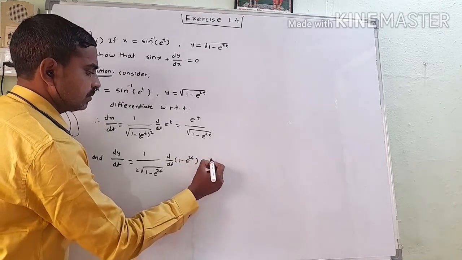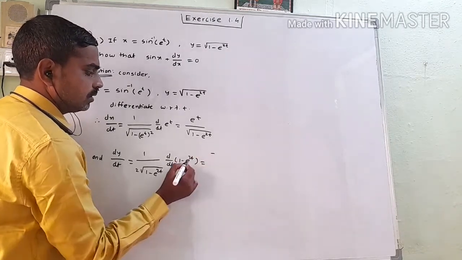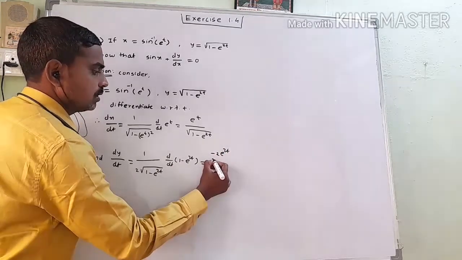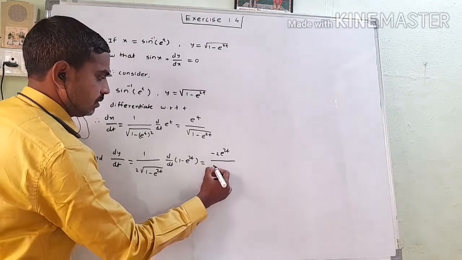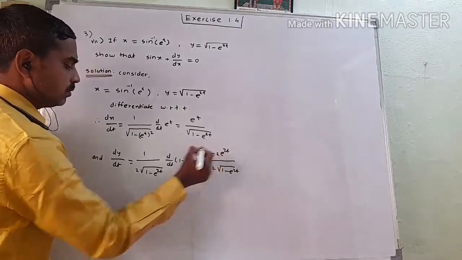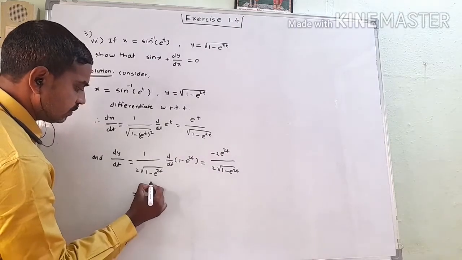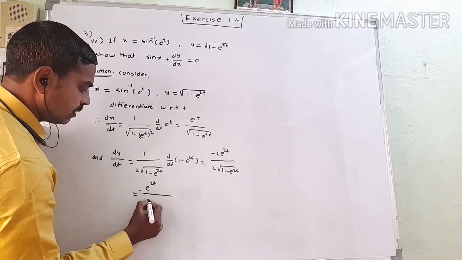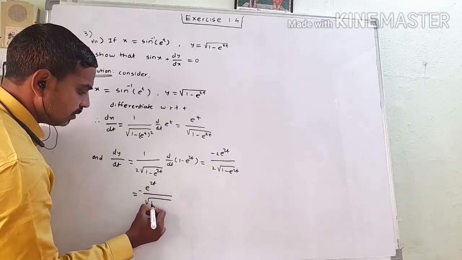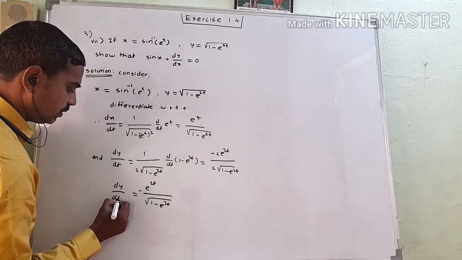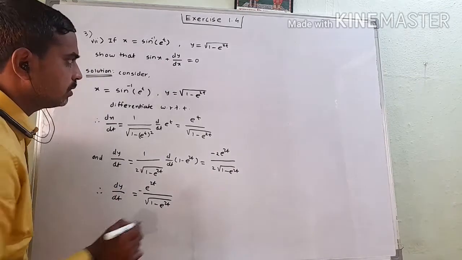Here the derivative of 1 is 0, the derivative of e raised to twice t is e raised to twice t, and the derivative of the power is 2, divided by 2 root of the denominator as it is. Now 2 will get cancelled. Here we get minus e raised to twice t divided by root of 1 minus e raised to twice t. This is the value of the derivative of y with respect to t.